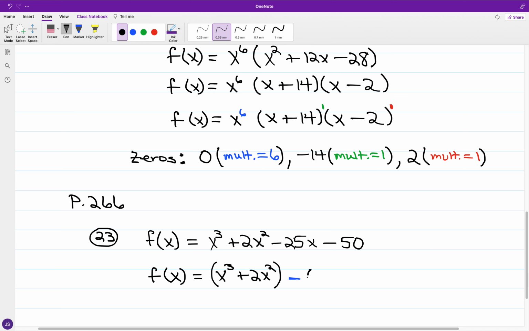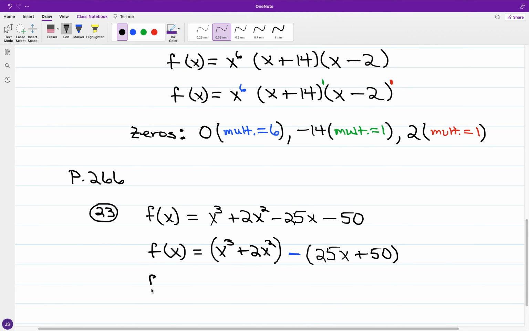And if I were to envision factoring out negative 1, you got minus 25x, so it would be the opposite sign of 25x. And negative 50 is going to be the opposite sign of plus 50. So you have two pairs here, and I can draw out the greatest common factor.